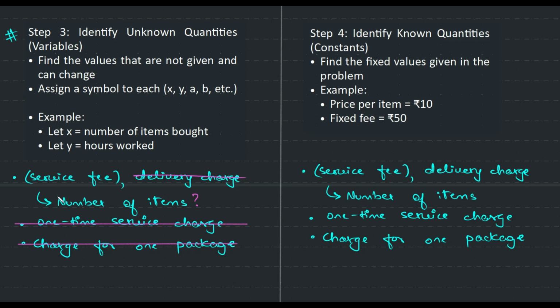So basically, we are looking at only the number of items. Then identify the known quantity. In this case, we have quite a few things that we already know. Delivery charges, we know. Number of items, we don't know. One-time service charges, we know. And charges for one package, we know. So we are very clear with what we have and what we don't have.